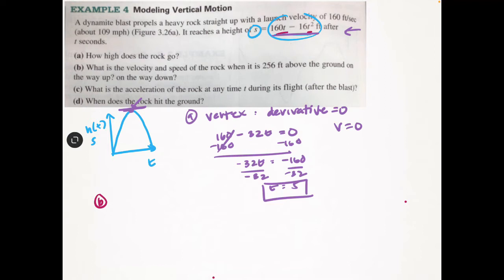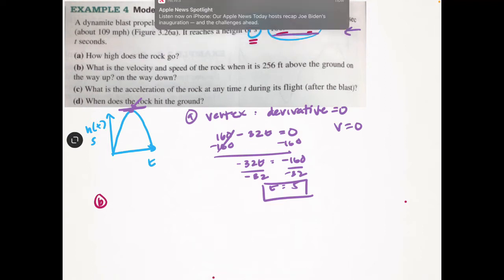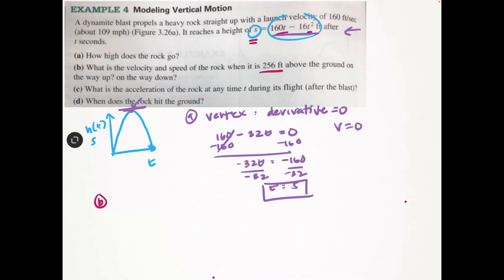So let's do... oh, that's going to be crappy to factor. Let's use our calculator here. Well, let's set it up first. So we're going to use the original function, right? Because we're trying to find t. We're going to say that the s, because they're giving us the position, right? 256 feet is the height. That's our s.